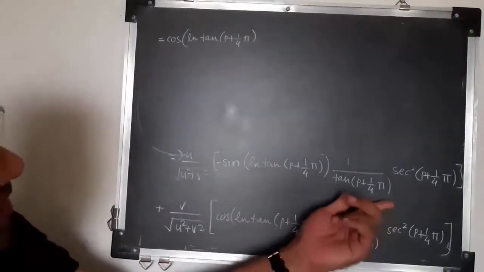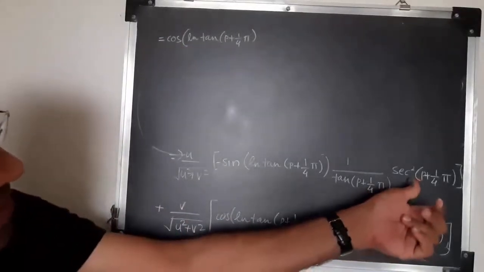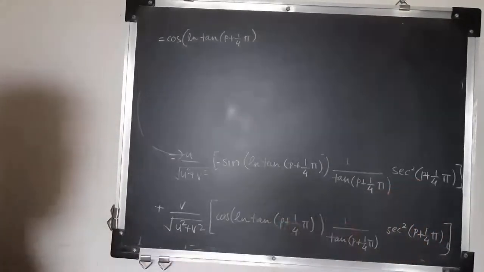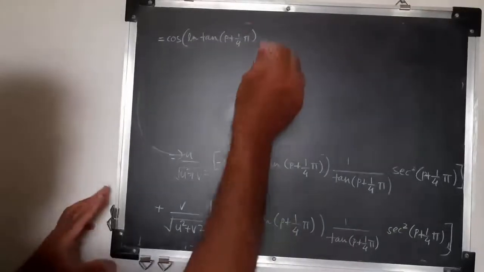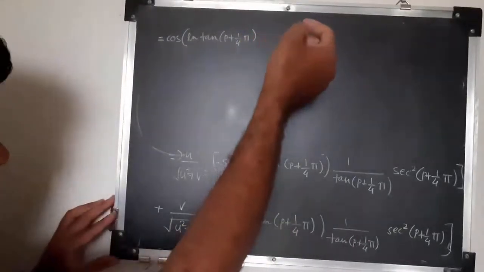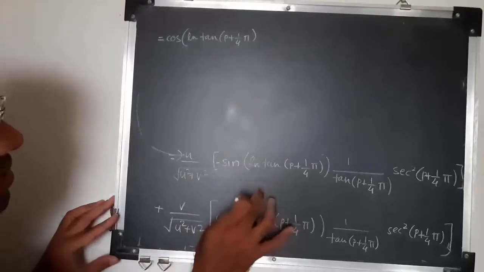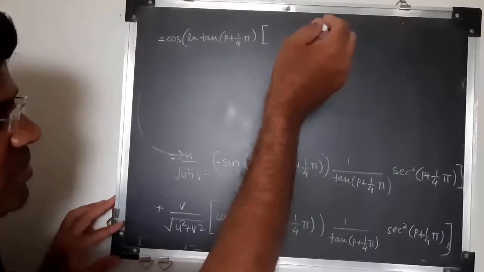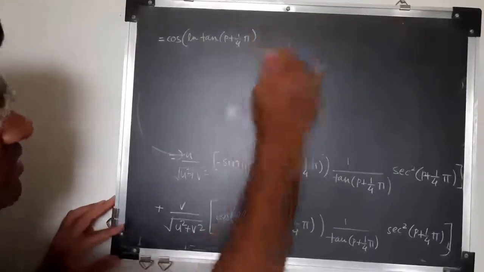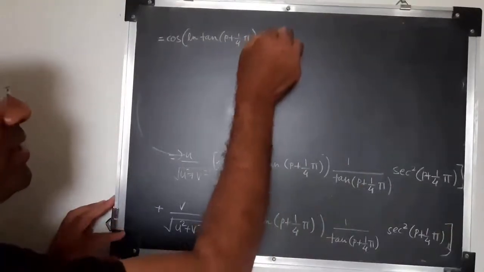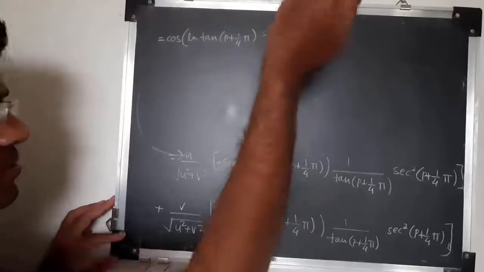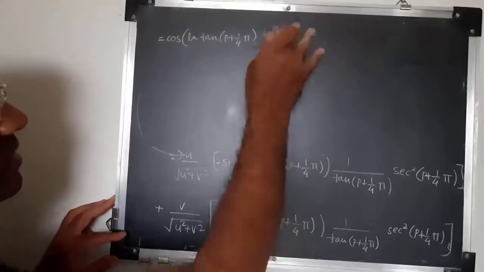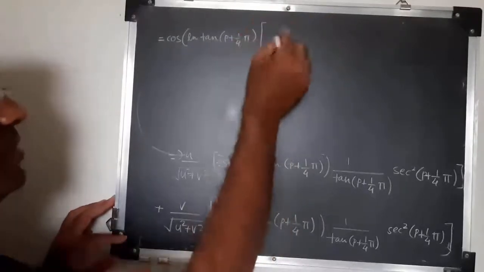Now from here I will take what? Sec square. Okay, so this is remaining over here. Inside the bracket, this I will again take common, sec square. Inside this, or we can write one more step anyway.